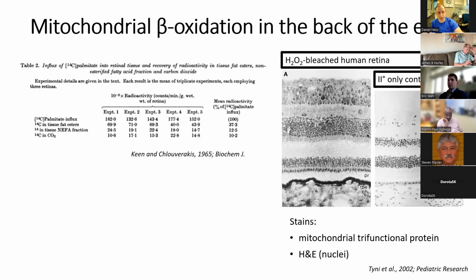And they looked at the different fractions that this 14C palmitate went into. They didn't recover all of the radiation that was imported into the retina. But of the radiation they did recover, a substantial amount of the palmitate ended up esterified as part of a lipid. This is, again, isolated retina.